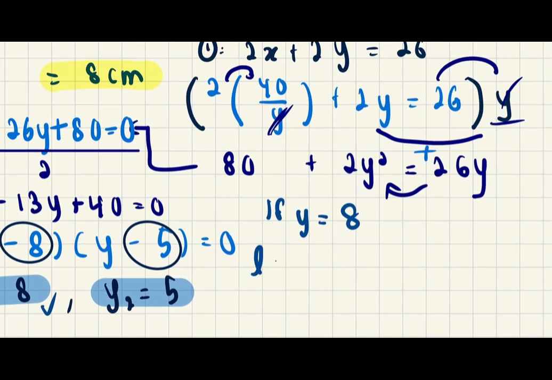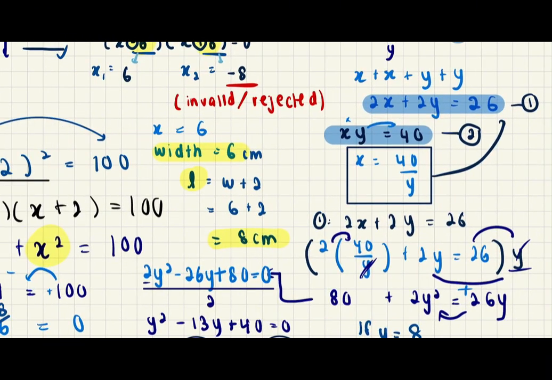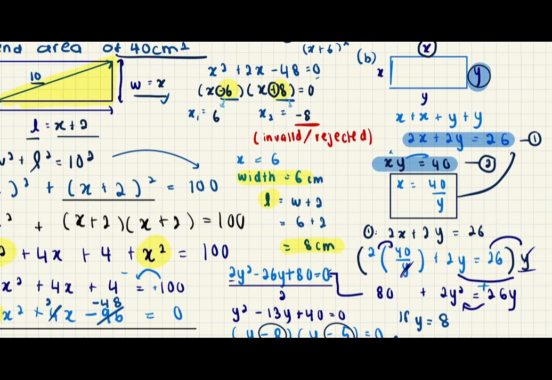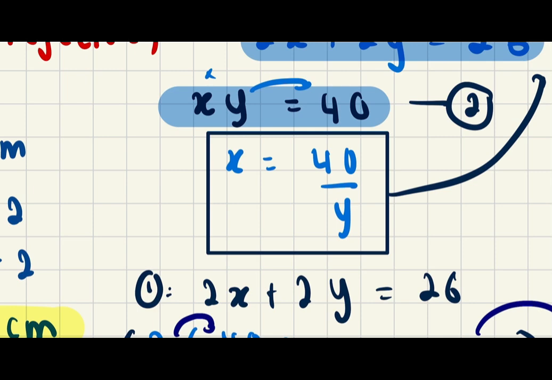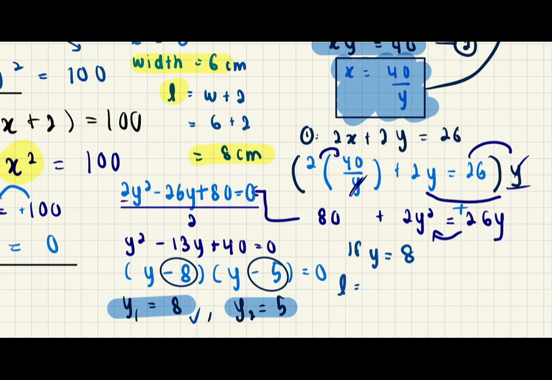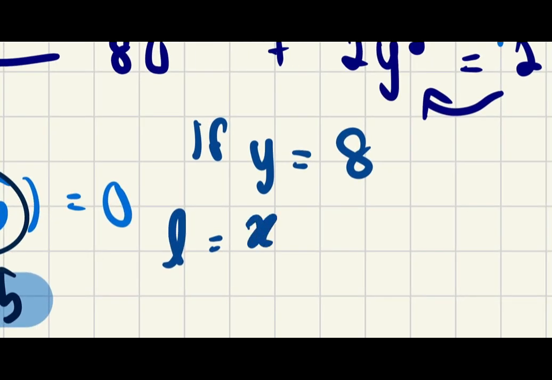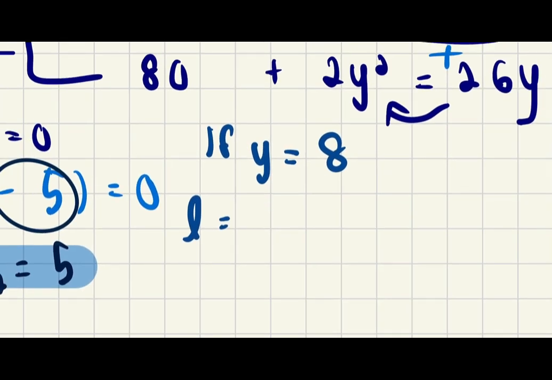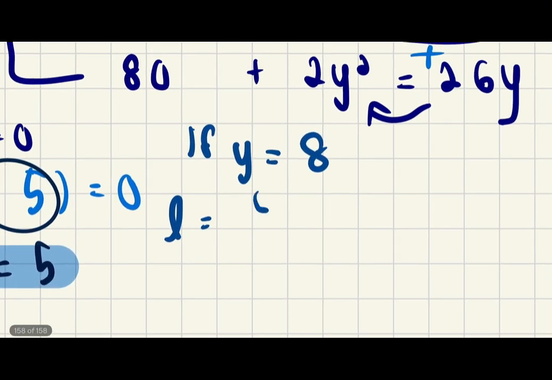Then we know our formula for x: x equals 40 over y. We put that in there. Our x is the length, which is 40 over y; replacing y with 8, you will get 5 centimeters.